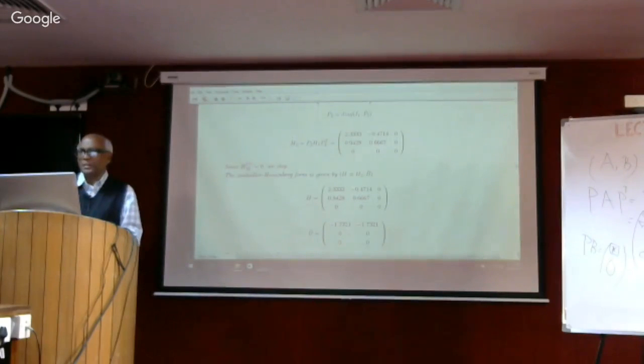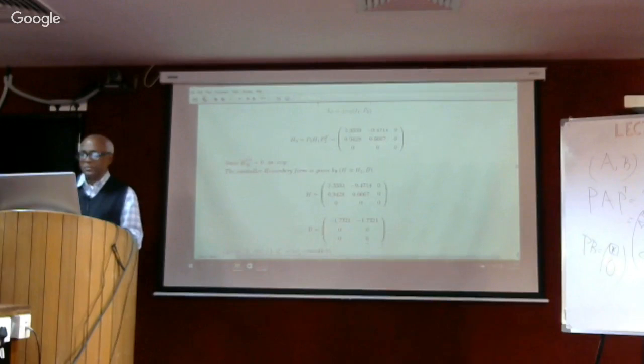So one of the sub-diagonal blocks, of course a scalar here, is zero. So this signifies the system is uncontrollable. Do you understand? Okay, let's take an example of a controllable system.